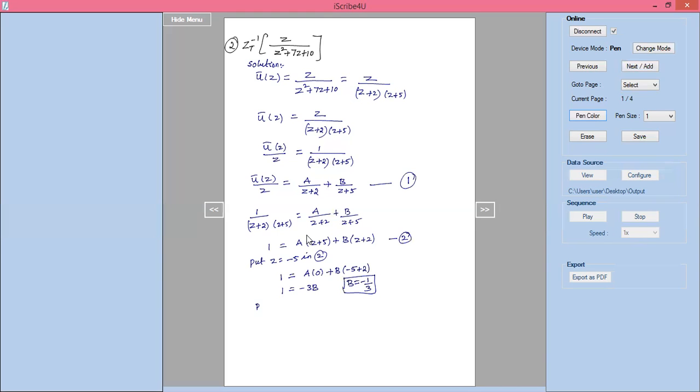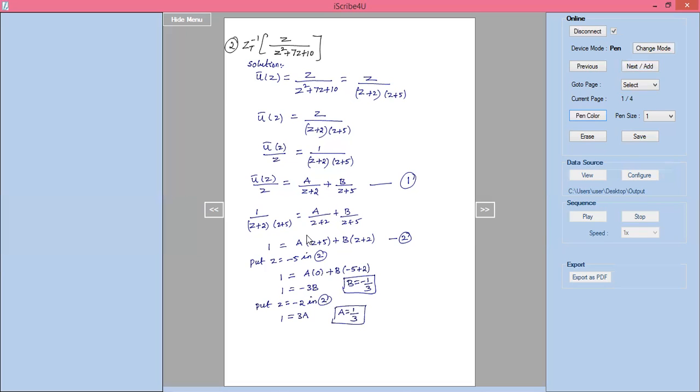Next, put z equal to minus 2 in equation 2. The b term will become 0. Minus 2 plus 5 is nothing but 3, so 1 equals 3a, a equals 1 by 3. One is the b value and another one is the a value.